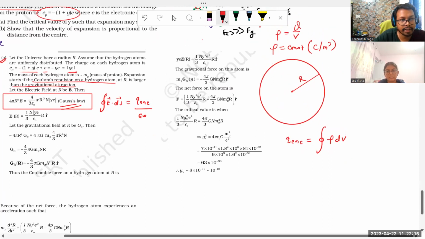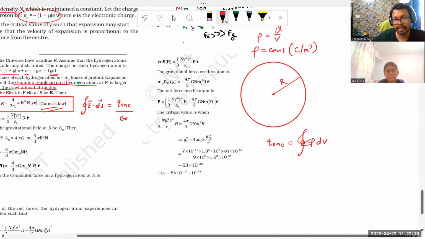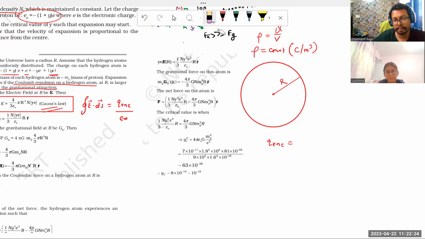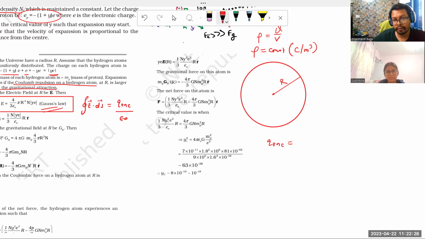In this case, they have done this thing. Number density is given, so we don't need to do that. Q enclosed will be volume multiplied by number density, the number of atoms per unit volume.